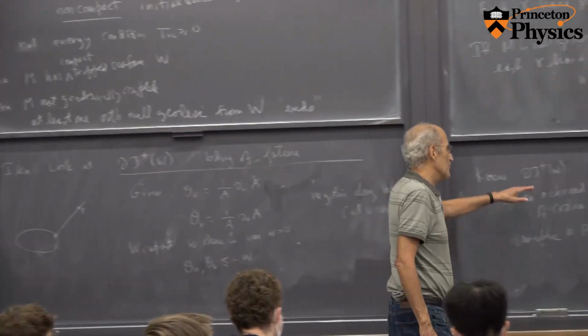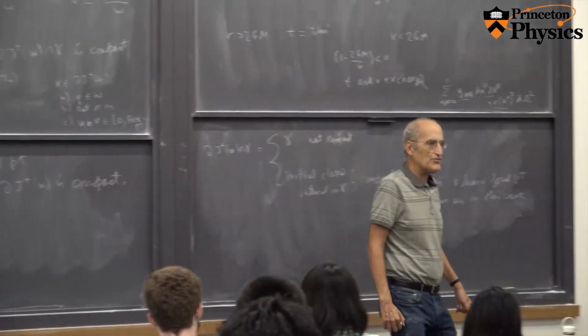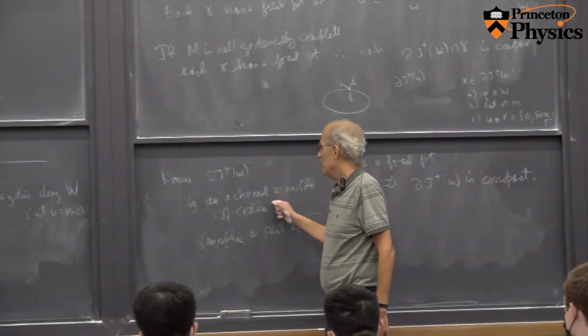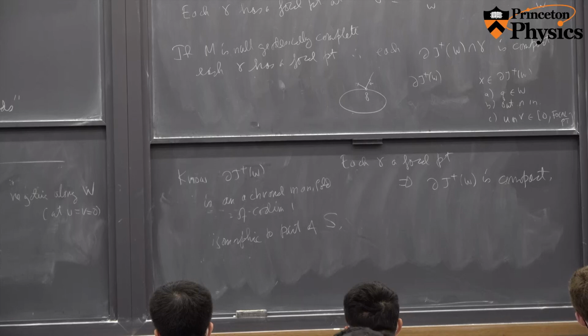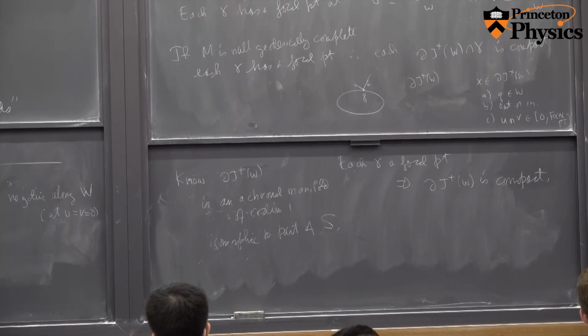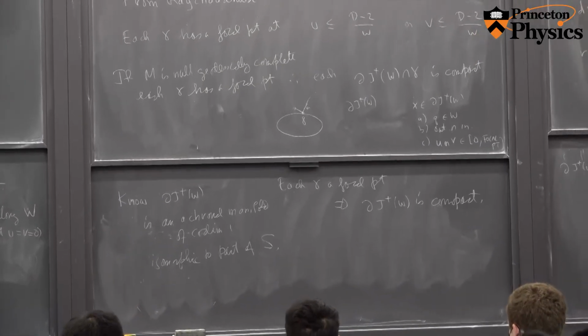Since if S isn't compact, then neither S nor any open set in S is compact. So this is a contradiction. It's impossible for a compact achronal manifold to be either S or part of S. So that concludes the proof of Penrose's theorem.